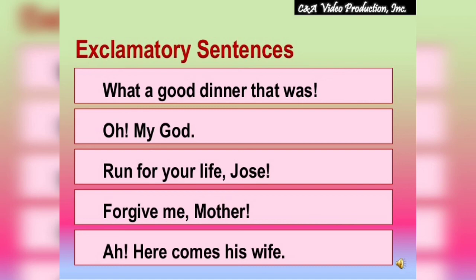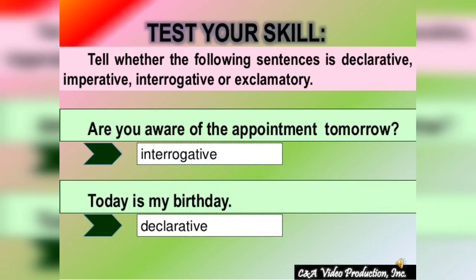Forgive me, mother, it is sad. Correct? Here comes his wife. So you can see how the exclamation mark is trying to express its meaning to us, whether it is a happy moment or a sad moment. With exclamatory sentences, we come to know the expression of an individual.